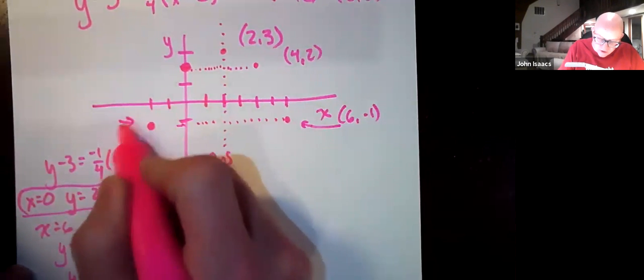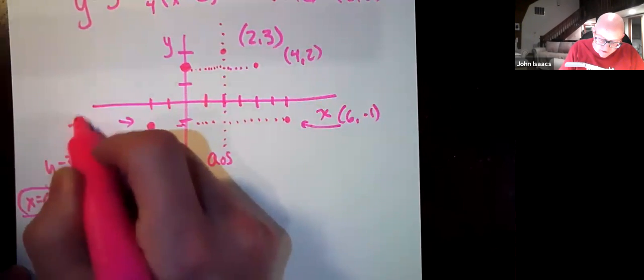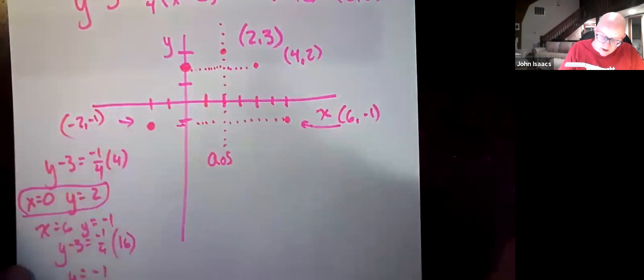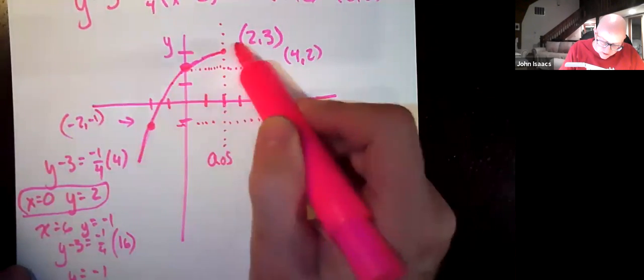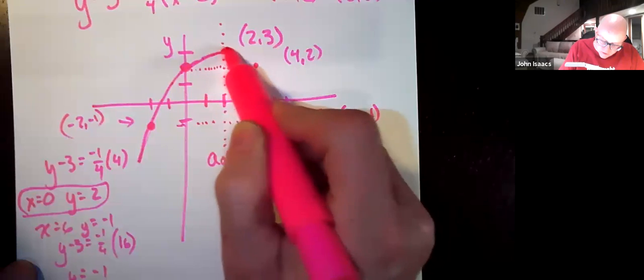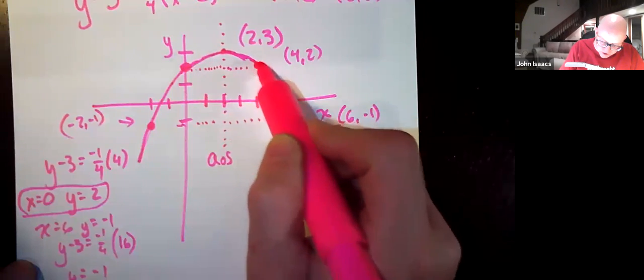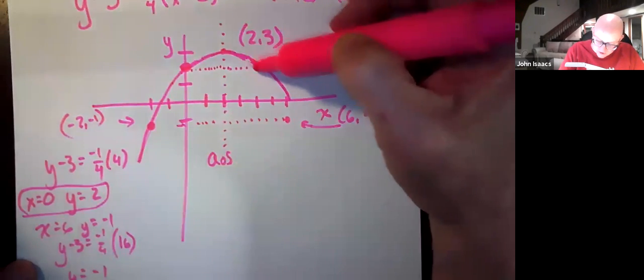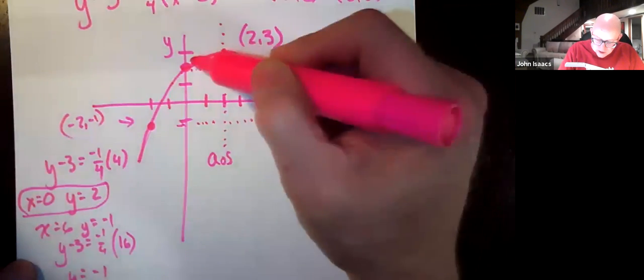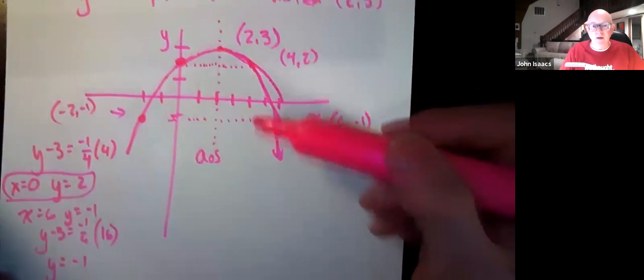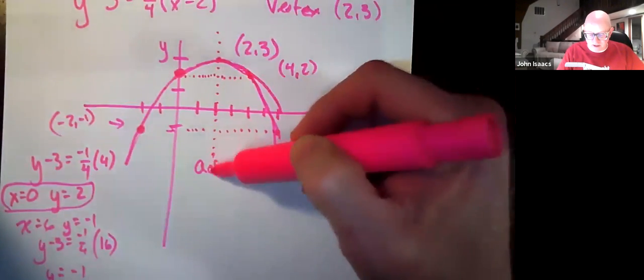That means we also have the point here of (-2, -1). And now we can really draw a pretty nice parabola out of that by going through those points. Make your top shape kind of rounded, and it should look kind of symmetrical about the axis of symmetry.